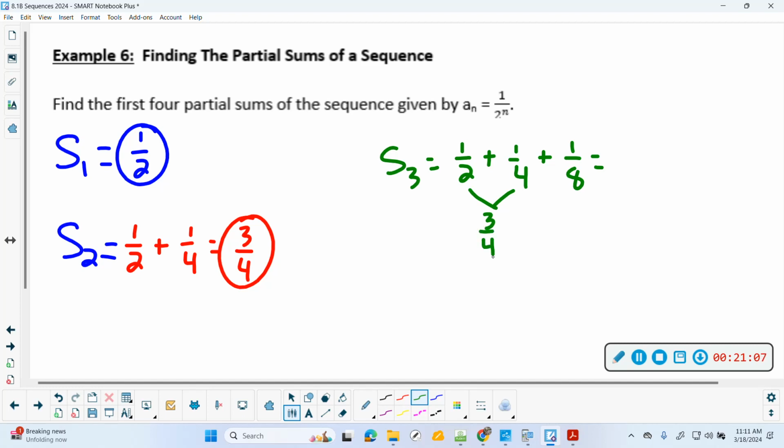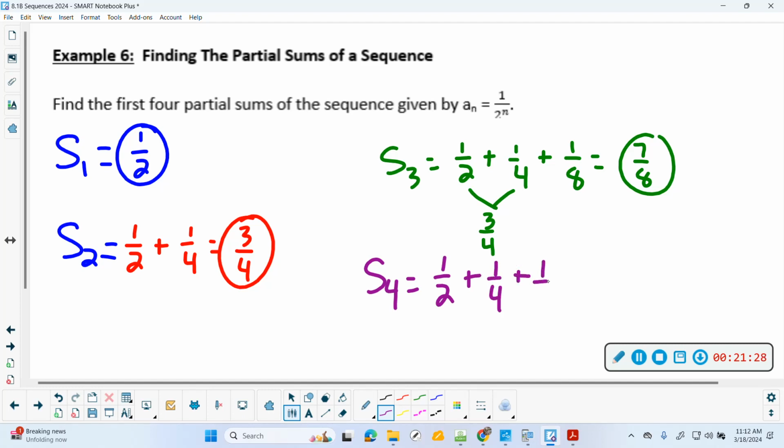So really, in my head, I would do 3/4 plus 1/8, making common denominators. This is 6/8. What's 6/8 plus 1/8? 7/8. Not that you can't just straight type those fractions in, but let's work smart here, right? Okay, 4 terms. We got the first already, we got the second, the third was 1/8. What's the fourth term?